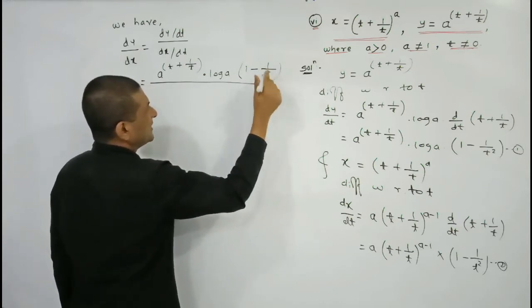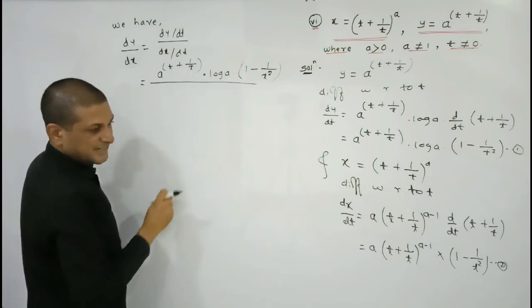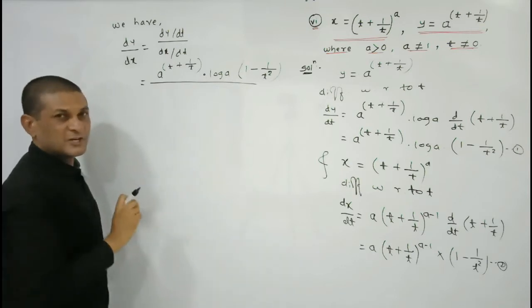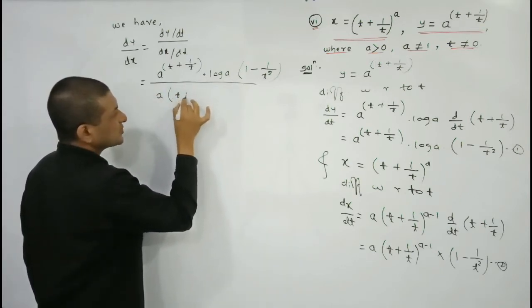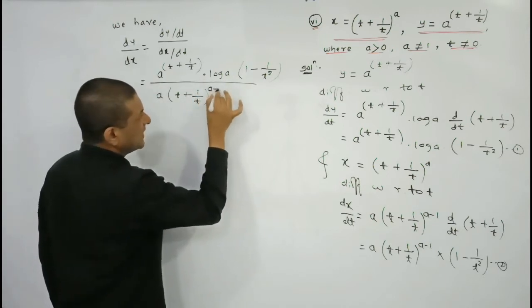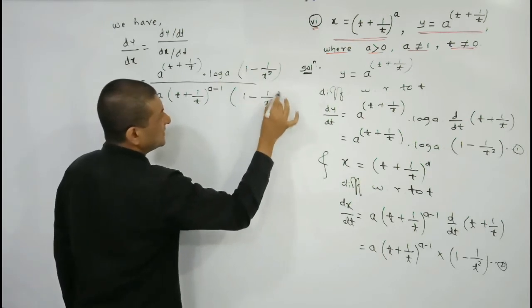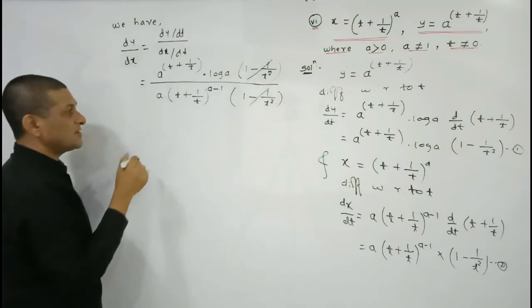Now in the denominator we are substituting the value of what? dx by dt. Observe equation number 2. So now we are substituting the value of dx by dt from equation number 2. What is its value? a into t plus 1 by t raised to power a minus 1 into 1 minus 1 upon t square. Here we can easily observe that these two terms will get cancelled.